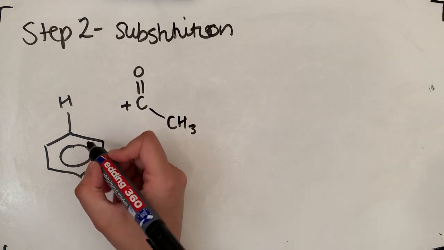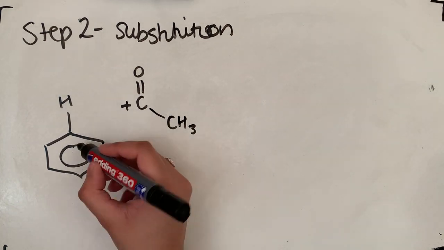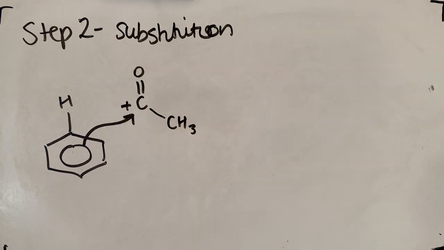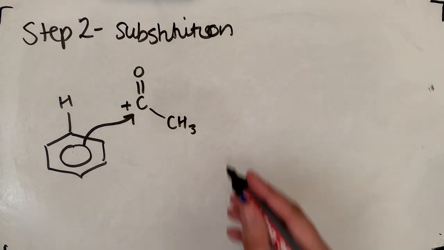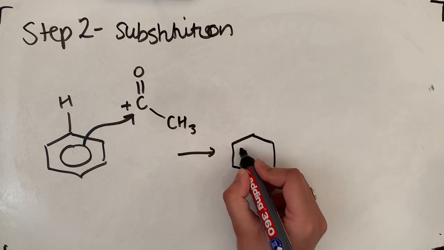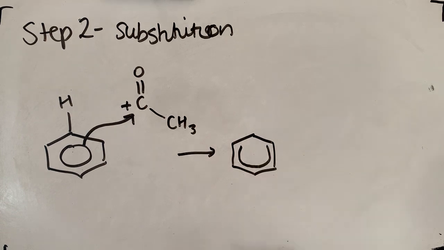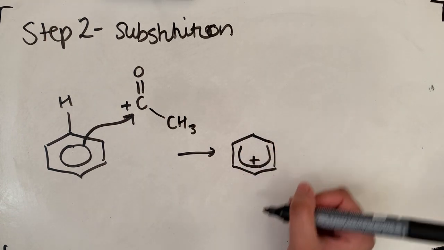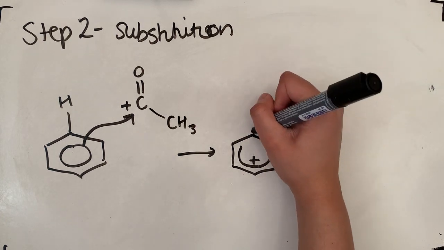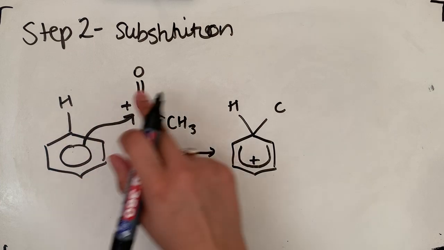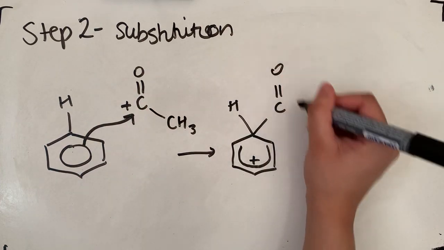Curly arrow starting from our delocalized ring, going to that carbon delta positive. That's going to form a bond with that, but in that process, it's going to disrupt that delocalized system in the middle. So again, our horseshoe with a positive charge in there because we've lost 2 electrons from that delocalized ring, forming a bond between that carbon and that carbon there.